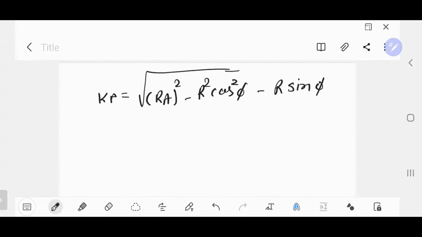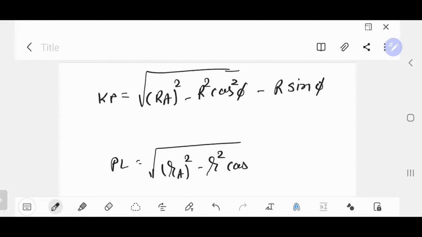That is equal to Kp. And PL is equal to, similarly, under root of small r a square minus R square cos square phi, minus R sin phi. This is the Kp and PL.